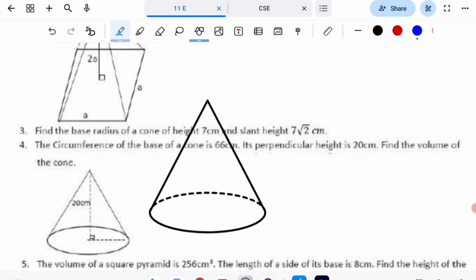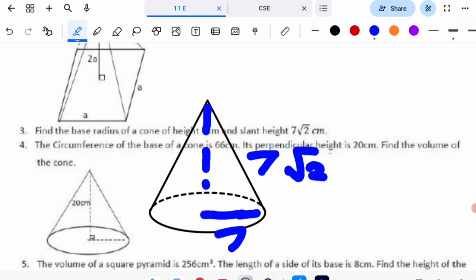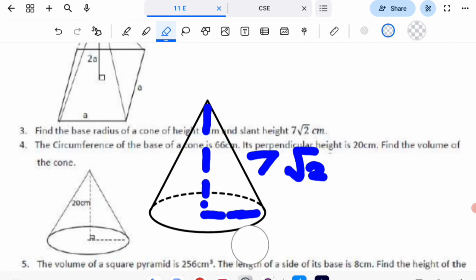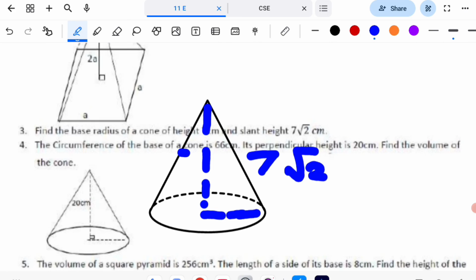They have given the height 7 and slant height 7 root 2. We have to find the base radius.